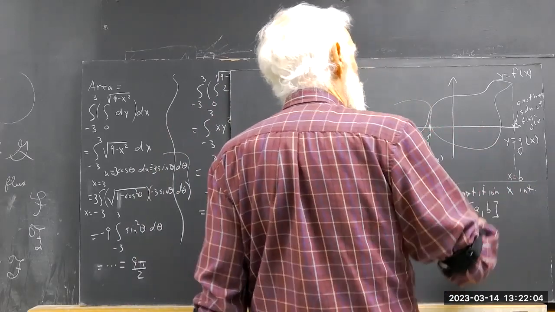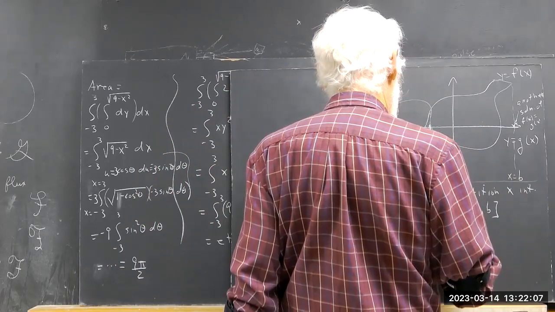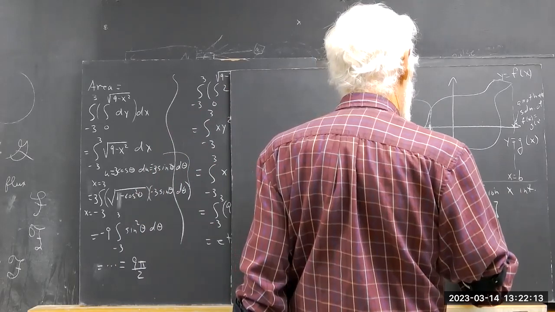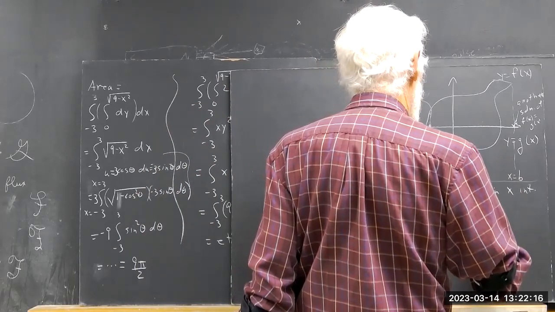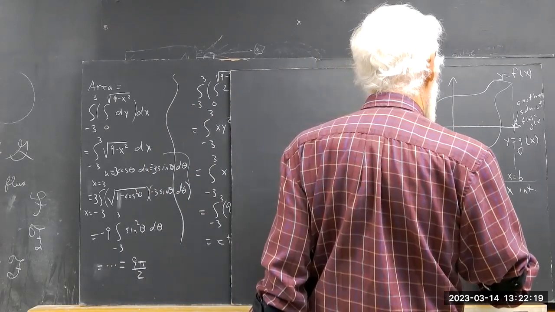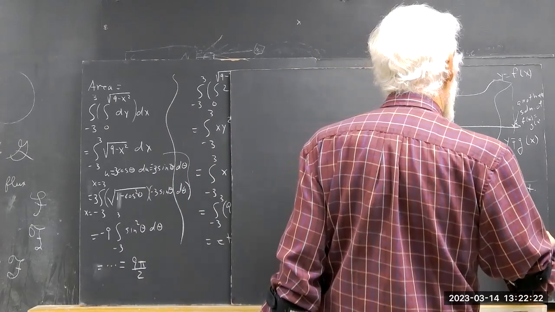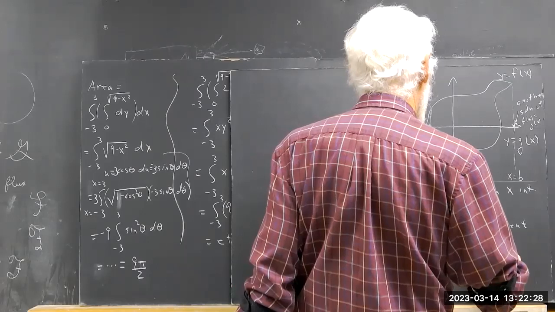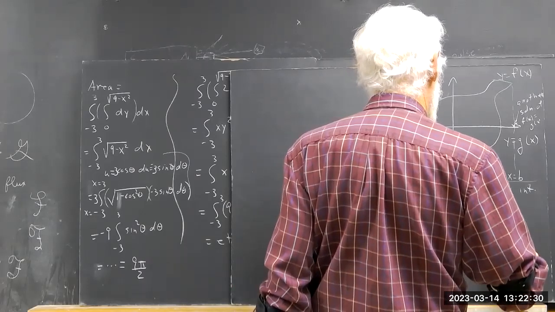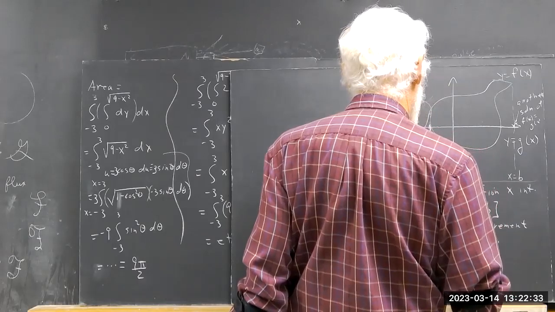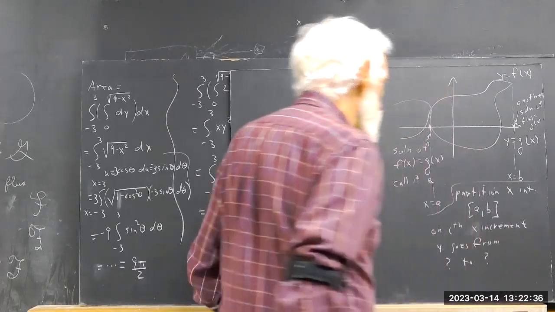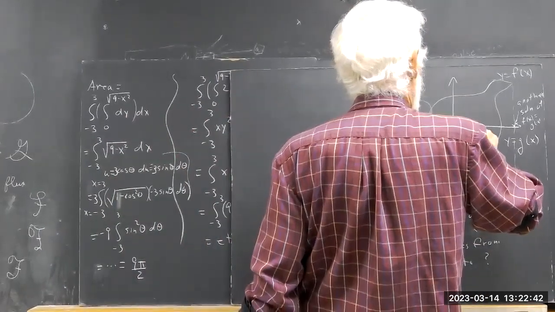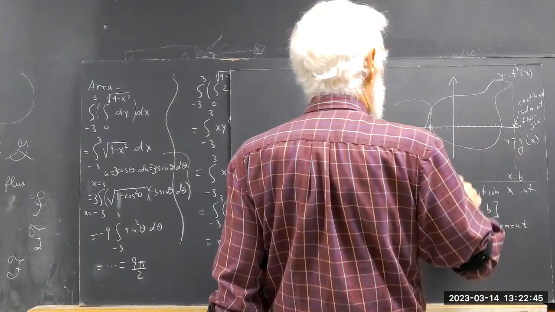Okay, partition the x interval from A to B. What goes from point to what? So we write out all the details, but we partition the x interval.